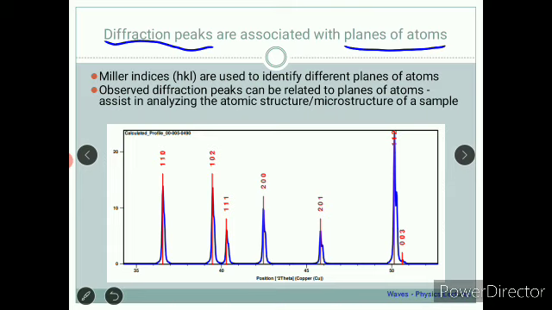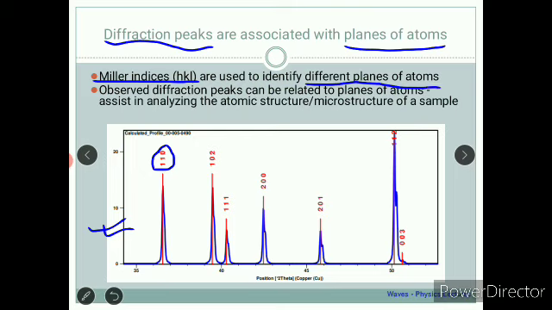So typically an XRD result will look something like this, okay, and if we look into the labeling or indexing of these peaks, we label it with something like this, which are three numerical values, and they are basically called the Miller indices. The Miller indices concept is already clear to you from your solid state physics, and this basically identifies the different planes of the atoms.